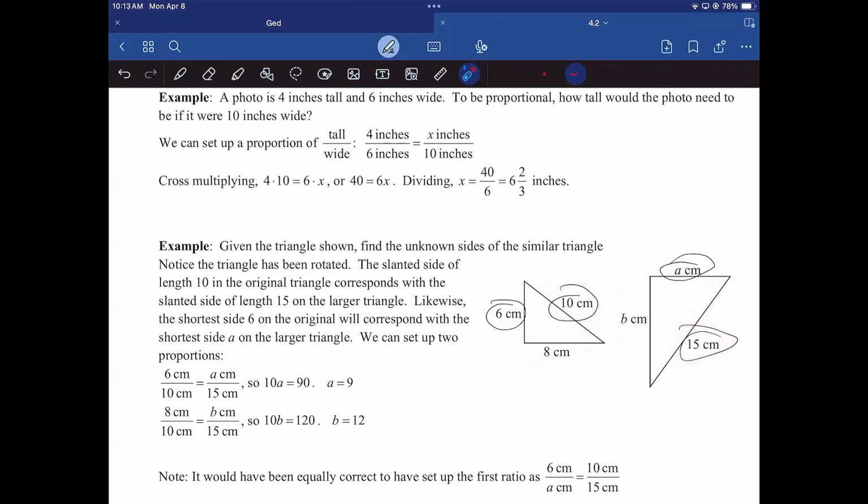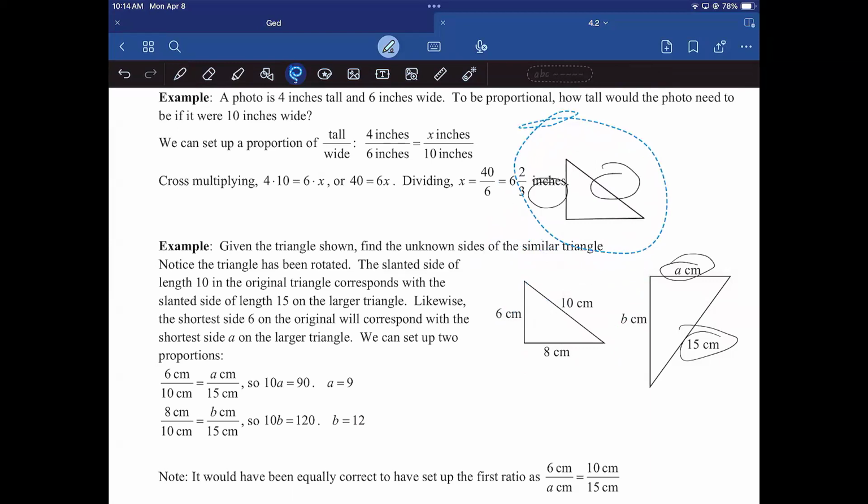For anyone who's struggling, if I were to physically pick up this triangle, move it, rotate it, and put it over here, it would just be slightly smaller. This may not be drawn to scale, that's okay. So if I take that and I say, okay, here we go.